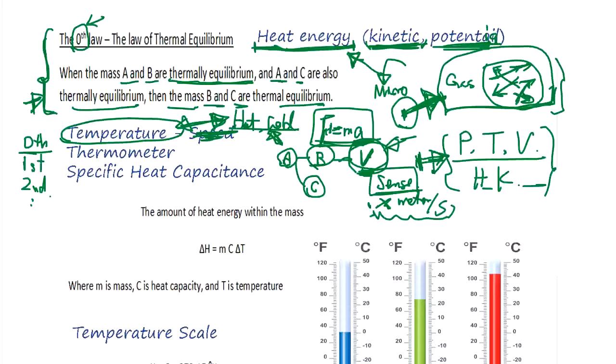But I think the correct way to say it is when you touch something with your hands you feel hot or cold, okay, and that is a good measurement. Now in order to make a science out of it, we have to define the so-called temperature. It's a state, a thermal equilibrium state. Okay, this is a state.